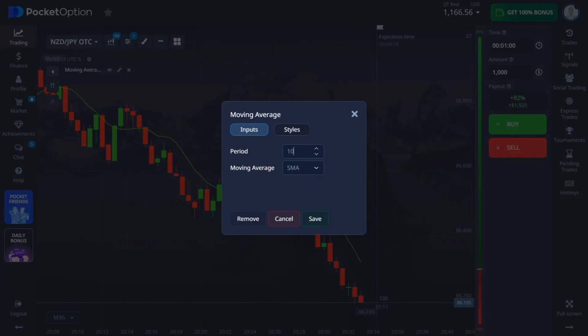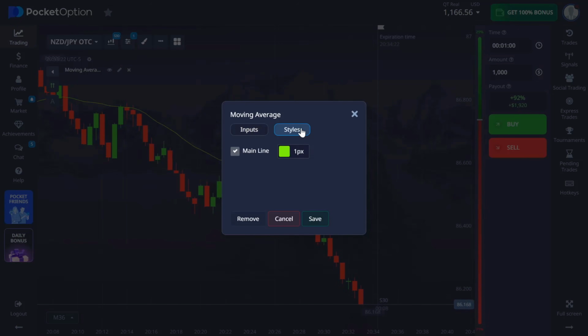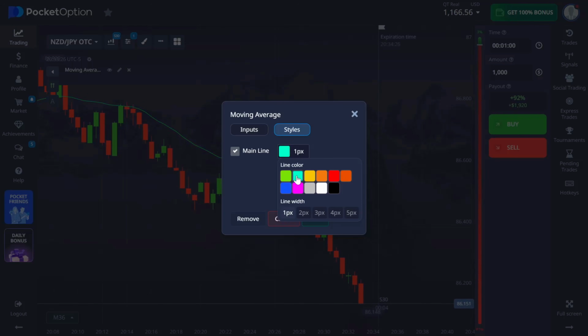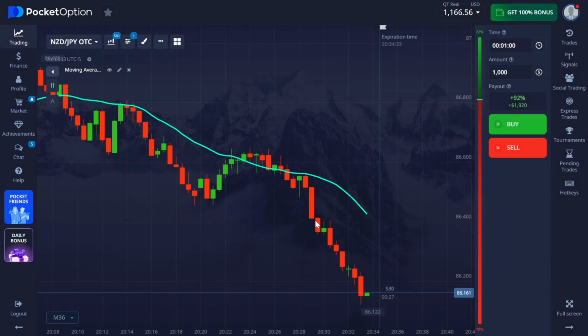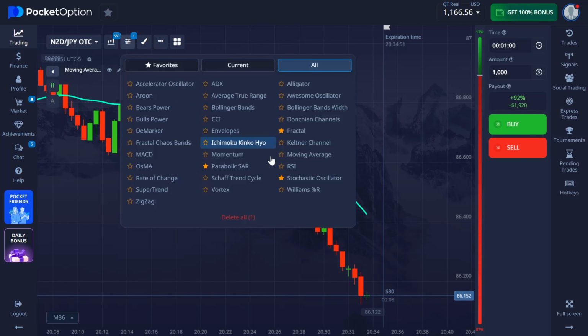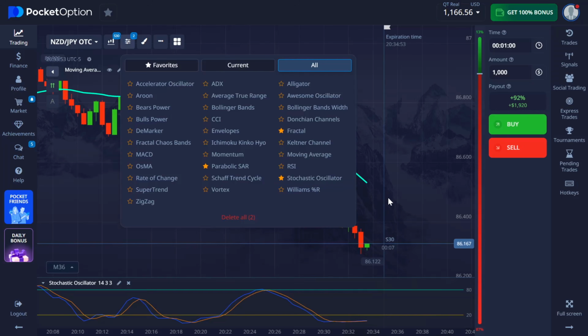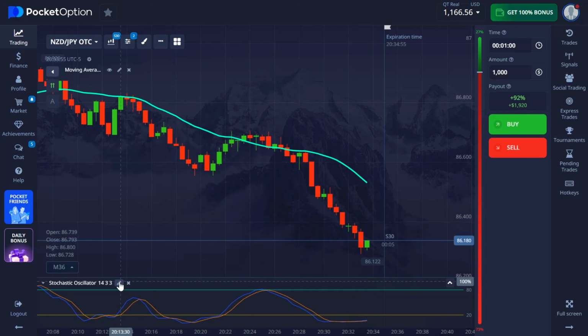Okay, settings are 20. You can keep the line however you want. I'm gonna turn it to blue, 3 pixel. For the next indicator, it's gonna be stochastic oscillator, one and only stochastic.